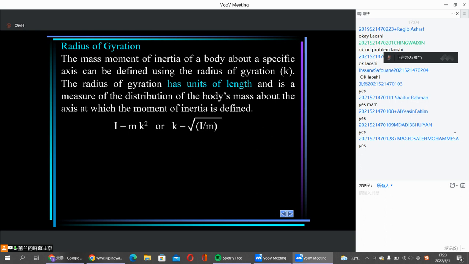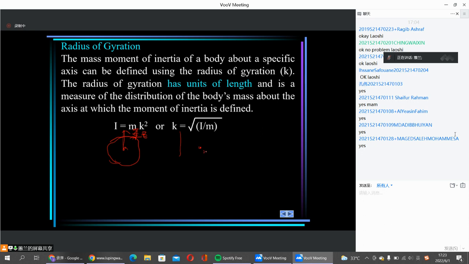We mean they have the same mass moment of inertia. What does it mean? Just like here, this is a circular plate, right? We can have Iz, the mass moment of inertia about the axis. Okay, and so there is a particle. We need to calculate the mass moment of inertia.